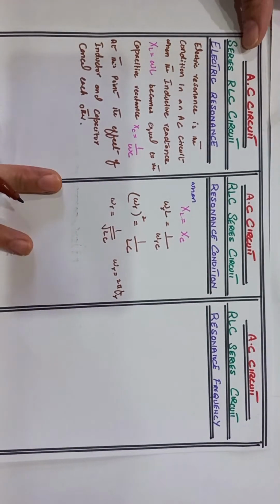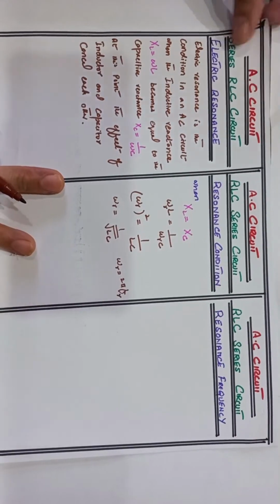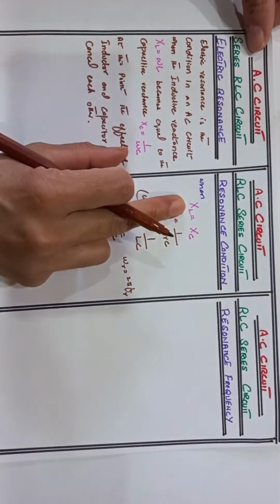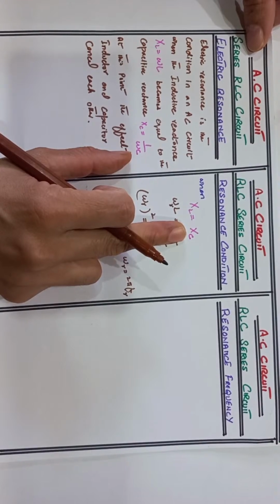So what is the resonant frequency? We get the resonant frequency when the inductive reactance is equal to the capacitive reactance.